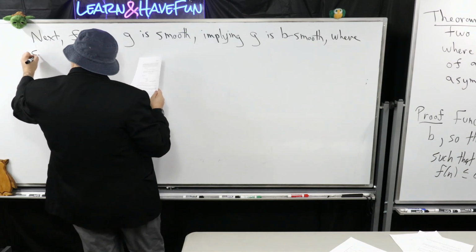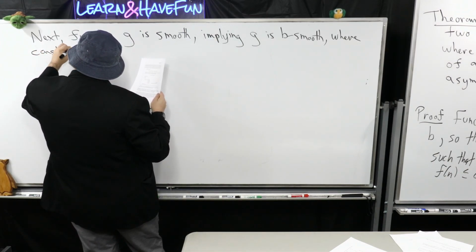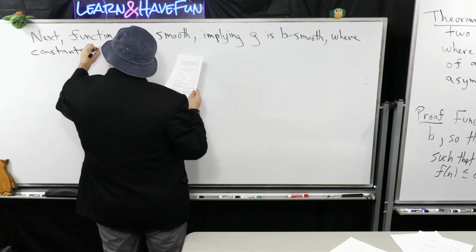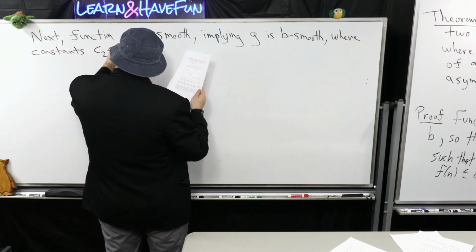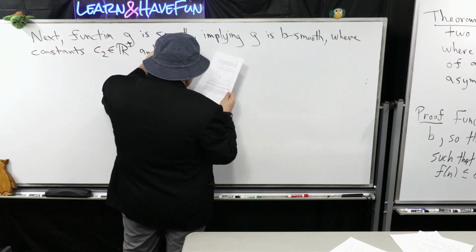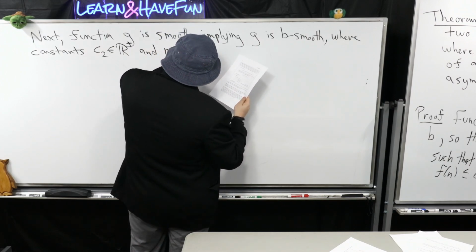we have constants, C2, which is a positive real number, and N2, which is a positive integer, that exist.